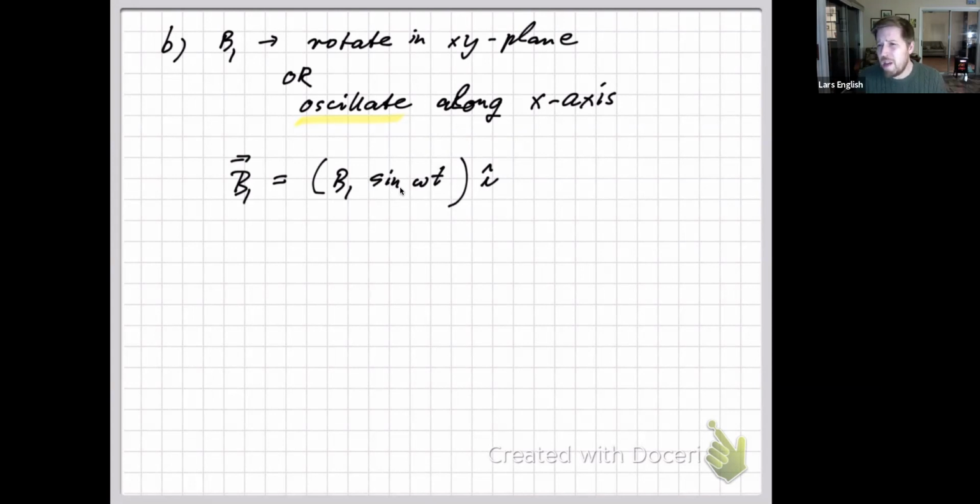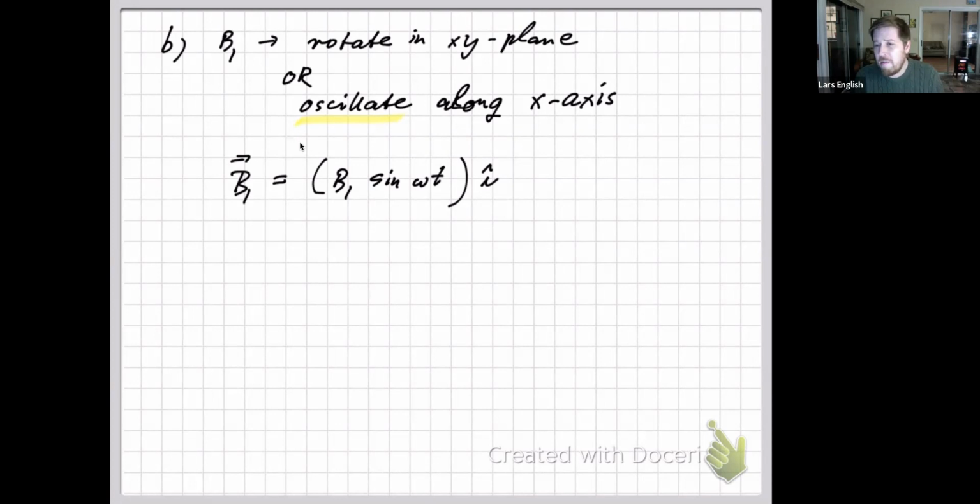If this were a fully rotating field, I would also need a y component, so I'd have to add plus B1 cosine of omega t j hat. But it is actually, believe it or not, sufficient to just have the x component and drop the y component. When you do that, you go from a rotating field to an oscillating field, and that is also going to be sufficient.